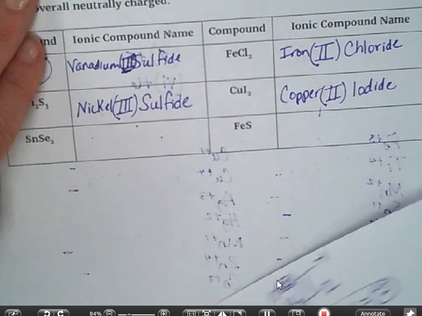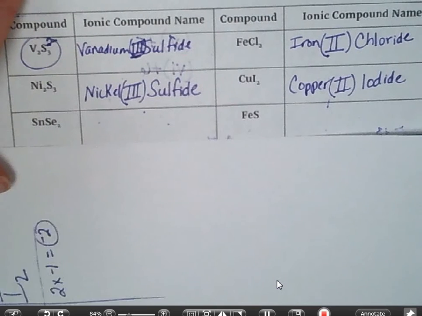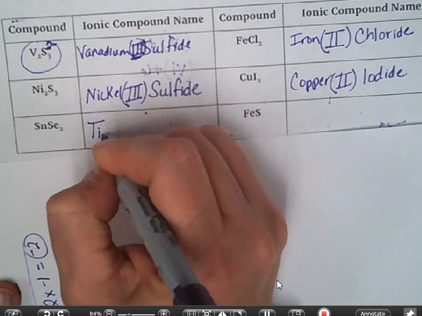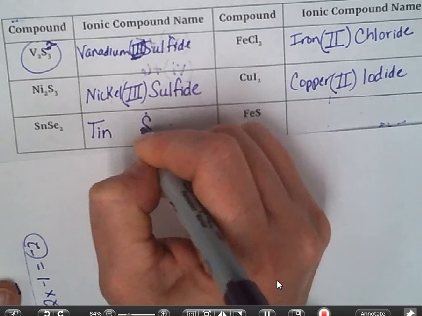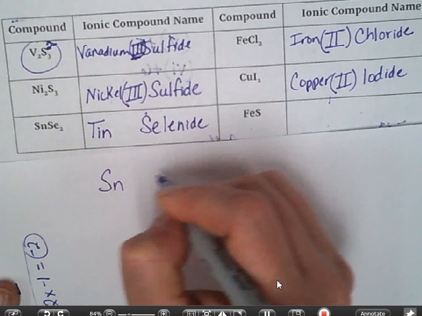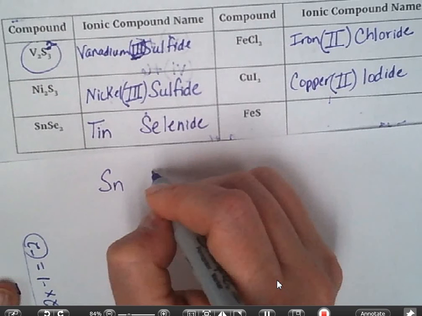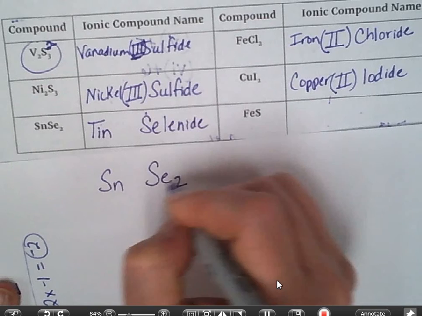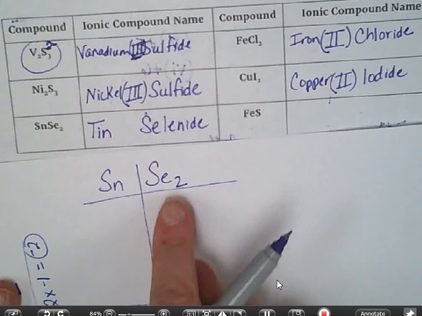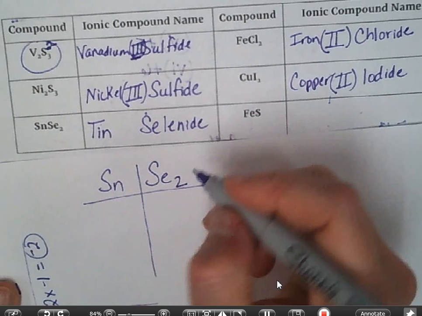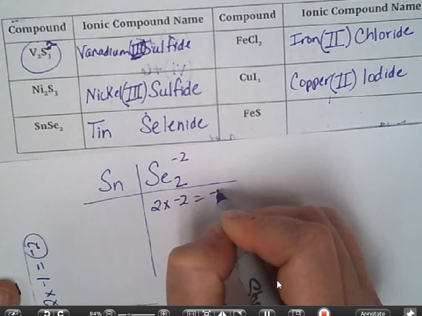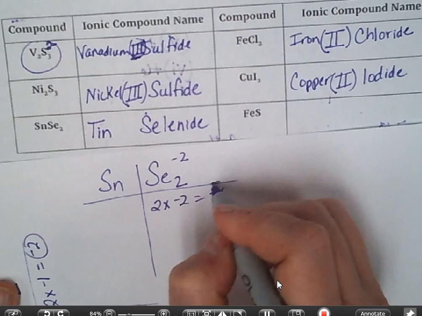All right, on this side here, we've got tin selenide, because that's selenium. So I've got tin and I've got selenium. Those are my 2. So then I go to my periodic table and find the oxidation number of selenium, which is a -2. So over here I've got 2 atoms of selenium, both with -2 charges, which gives me a -4 charge on this side of my compound.